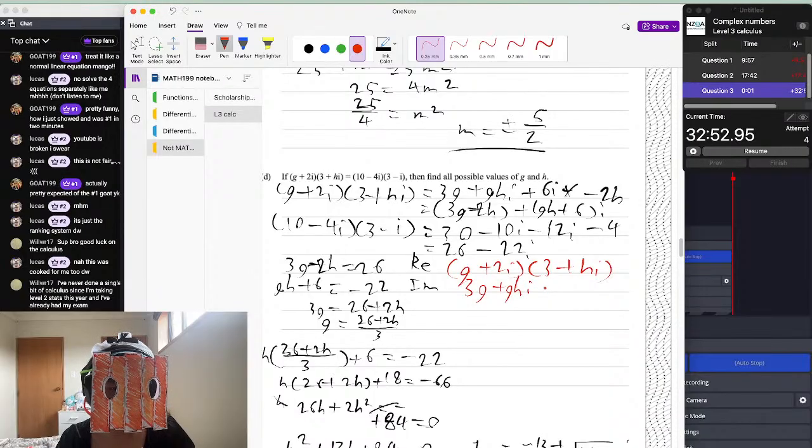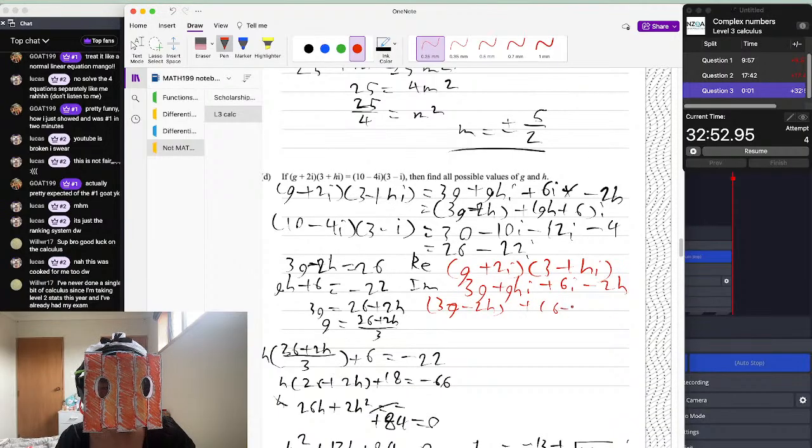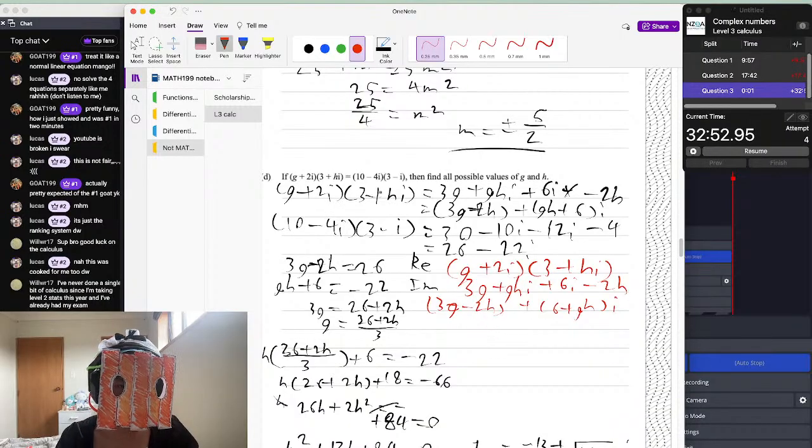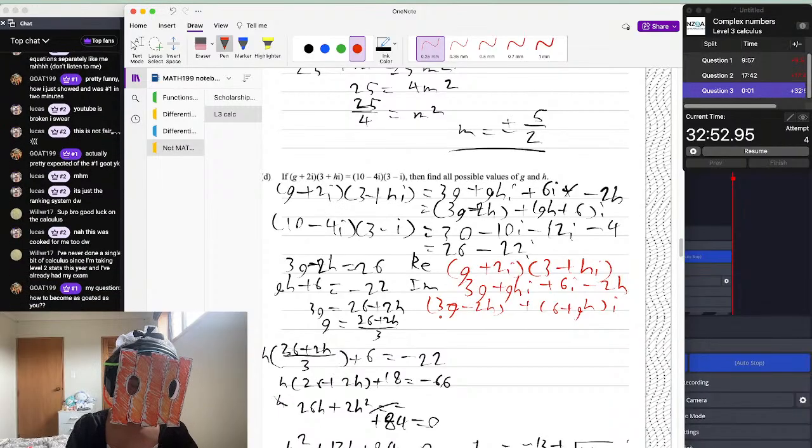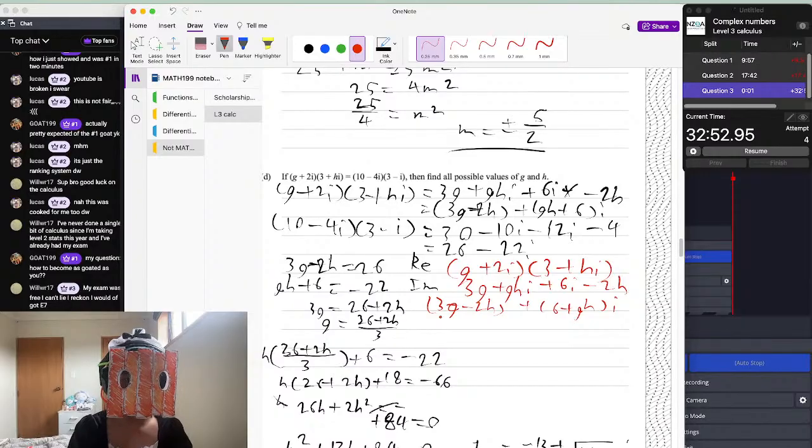Let's see, GHi plus 6i minus 2H, 3G, G minus 2H plus 6 plus GHi. And on the right hand side, we can check with the calculator. Let's see, 10 minus 4i, and 3 minus i, which gives us, yep, that is the correct value.